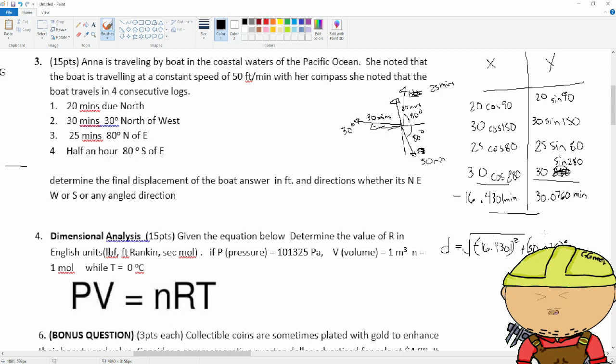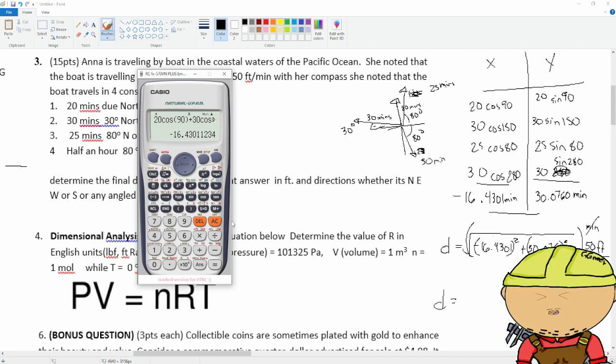Remember, minutes, seconds, that's time, and displacement is about length. So multiply this by velocity via dimensional analysis. We multiply 50 feet per minute to cancel minute. So what would be our final displacement?